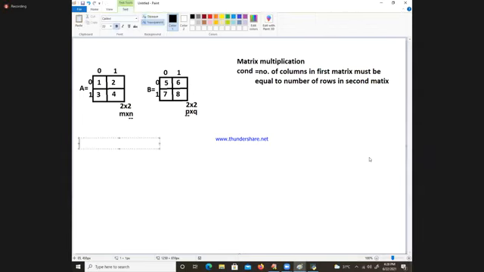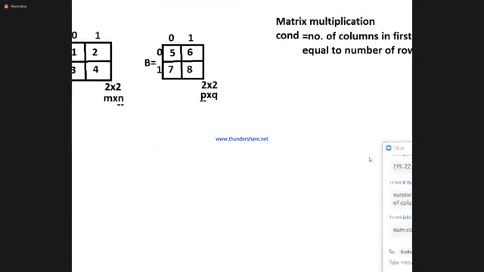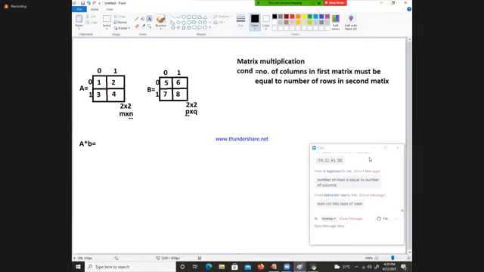How do you do A into B? You already know that; I am just writing it. The first element, A of 0, 0, multiplied with 5, and then with 7.